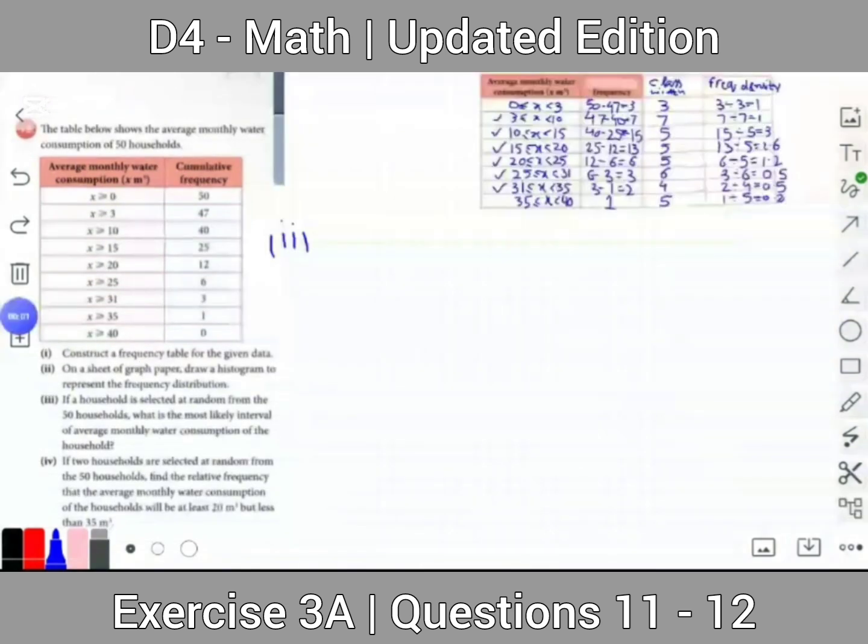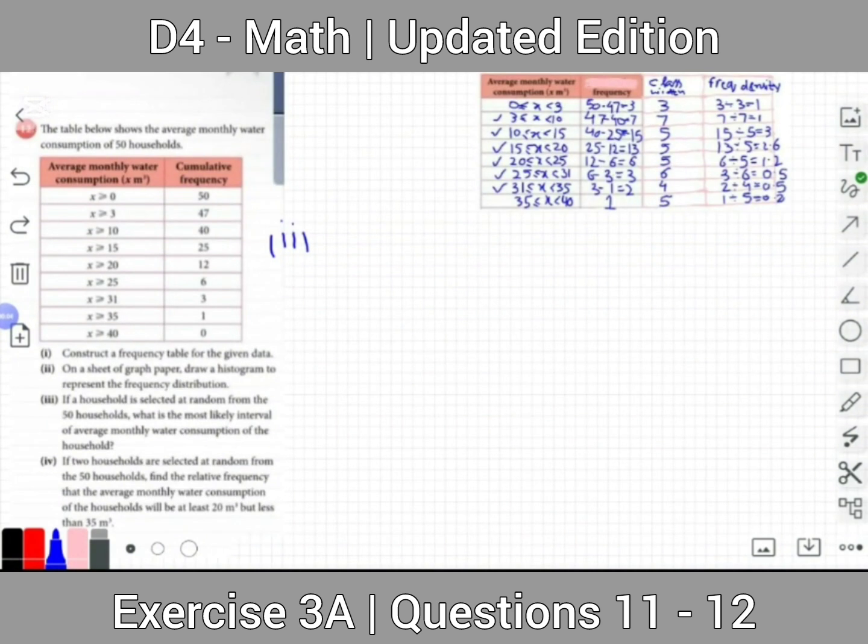Part 2: on a sheet of graph paper, draw a histogram to represent the frequency distribution. To plot the histogram, we will plot the frequency density of each class interval as a bar on a graph, where the x-axis represents the class interval and the y-axis represents the frequency density, with the height of each bar corresponding to the frequency density of its respective class interval.